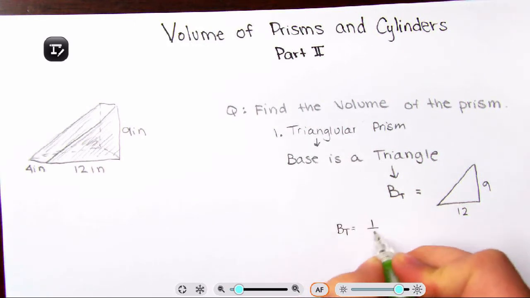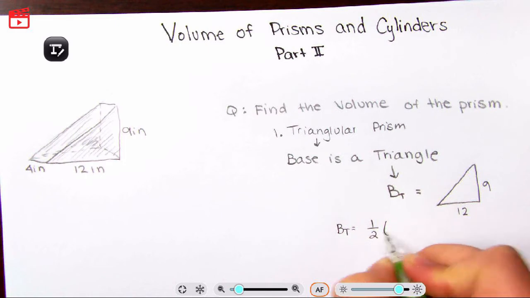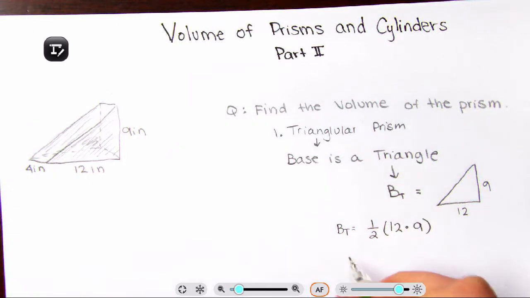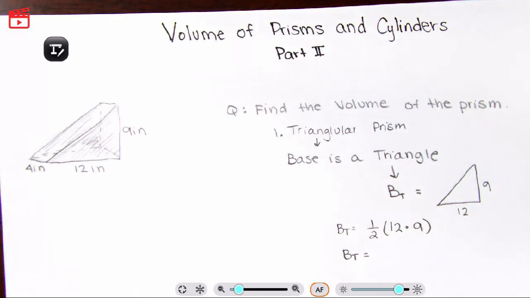Well, the area of the triangle is half base times height, so half of 12 times 9. And then we'll find it out. Now, you have options. You can choose to find out the number here and then plug it in, or find out just what the formula is, what your numbers are, and then plug those numbers in. So you can only use the calculator once. Up to you if you want to use the calculator more than once.